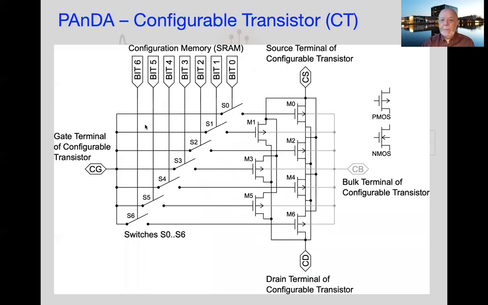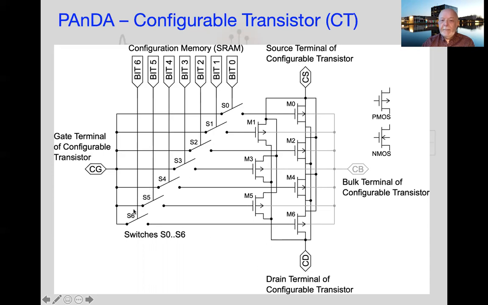Let me talk in a little bit more detail about what this looks like. Each transistor in this configurable analog block has a gate, a source connection at the top, and a drain connection, as you'd expect from a transistor. What's different is what's connected to the gate, source, and drain.